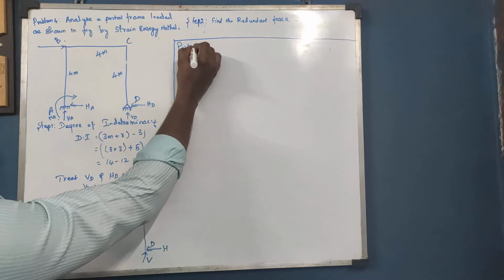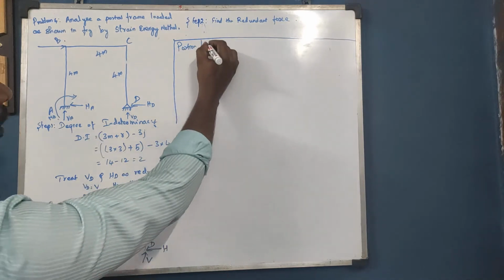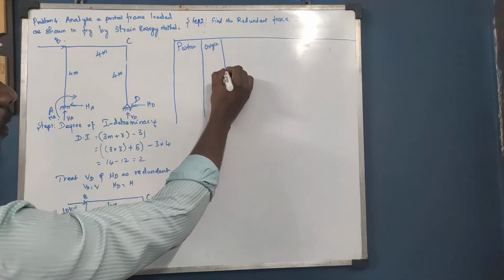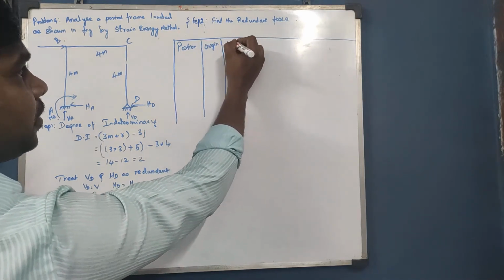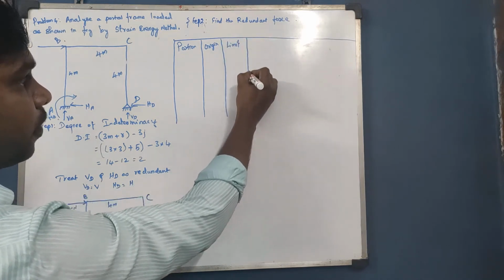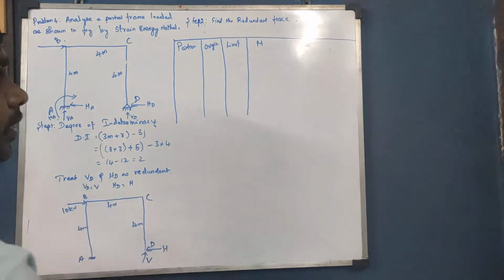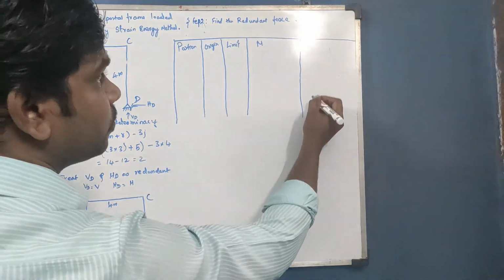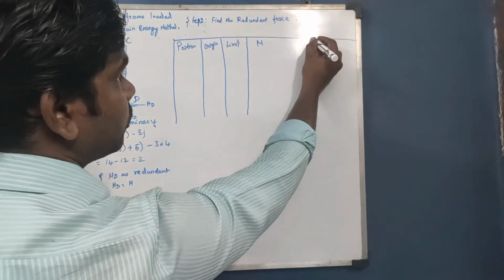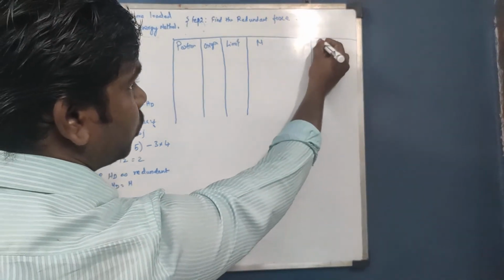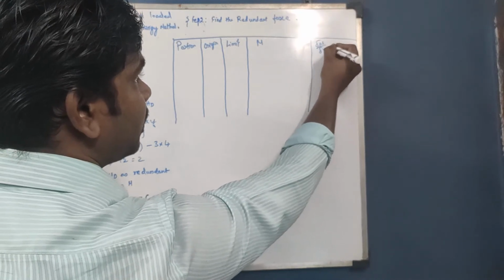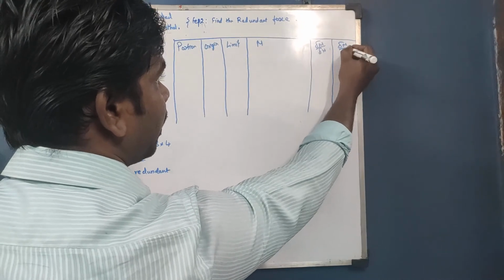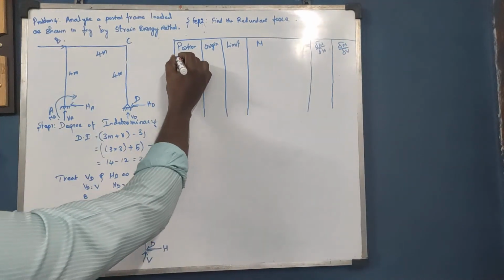Here portion, here origin, here limit, M, dou M by dou H, dou M by dou V.